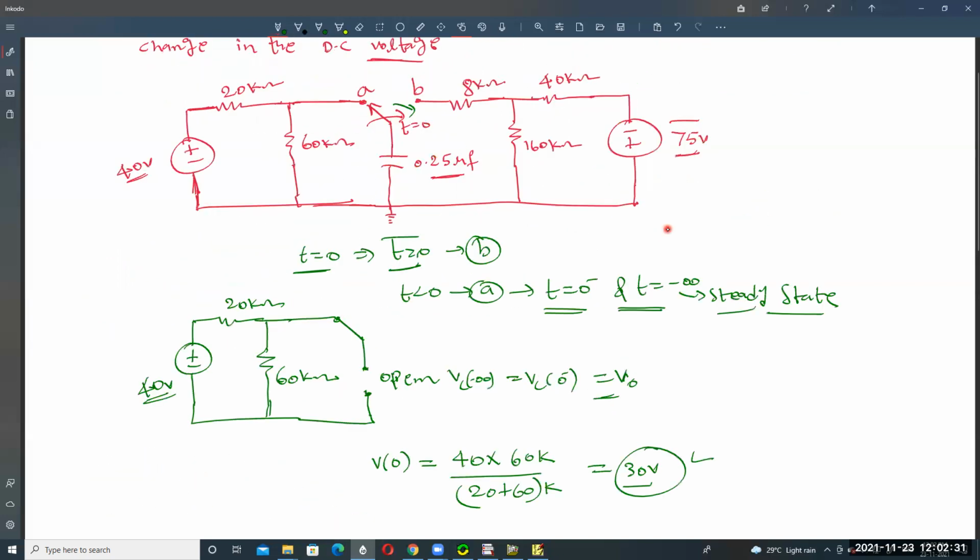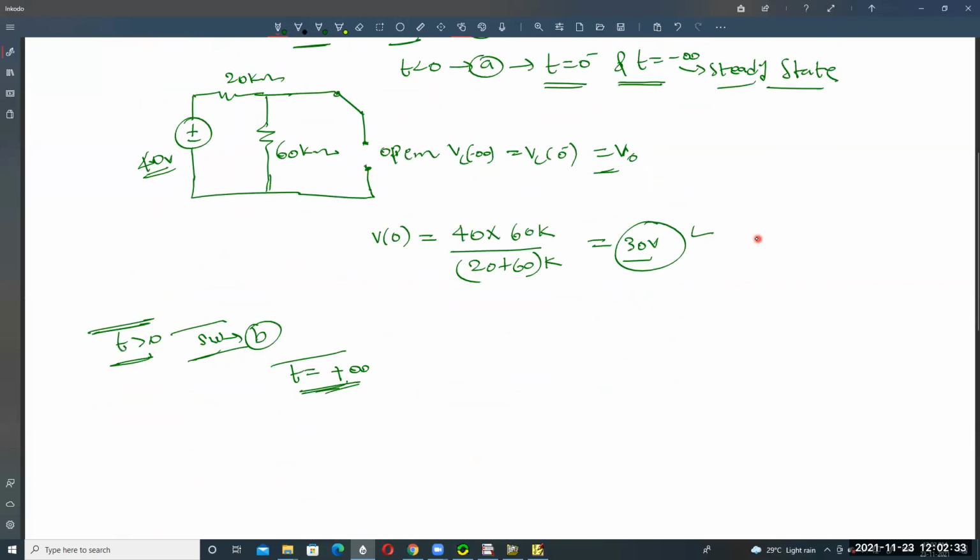That means this is the circuit diagram: 8 kilo ohms and 160 kilo ohms, this is 160 kilo ohm, this is 8 kilo ohm, and this is 40 kilo ohm, and this voltage is 75 volts.